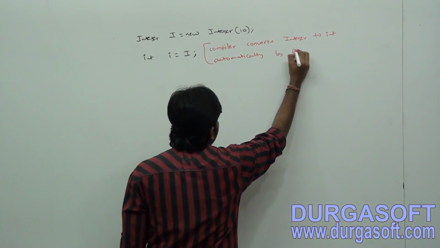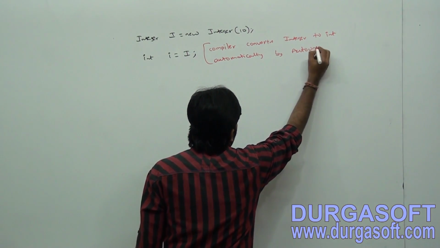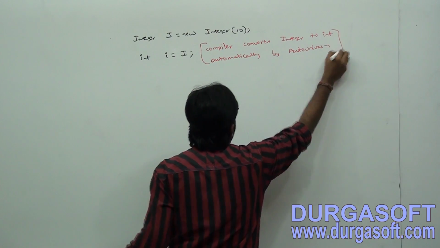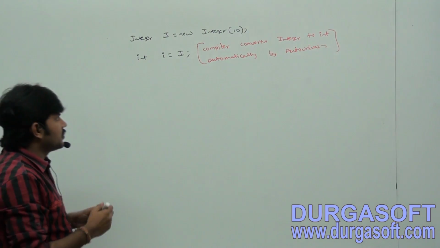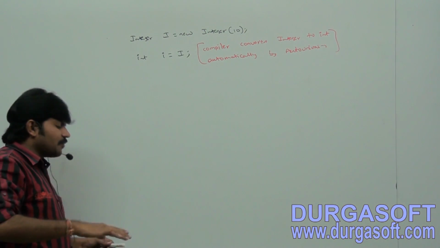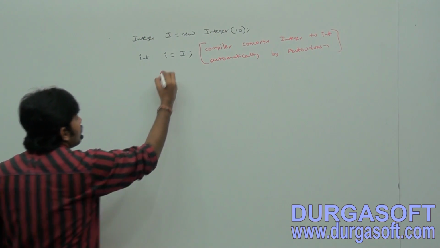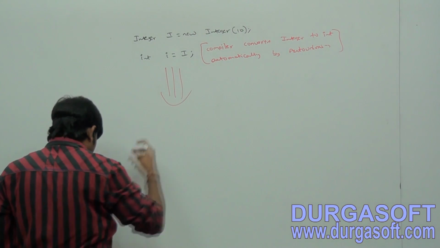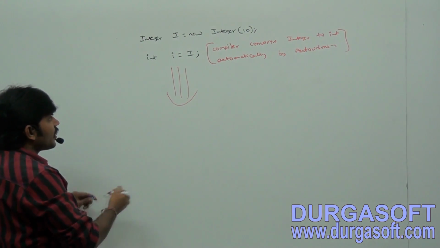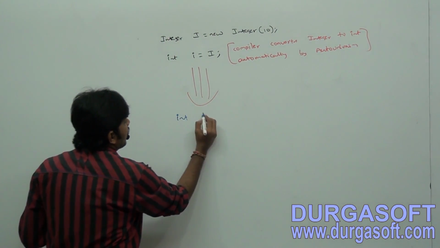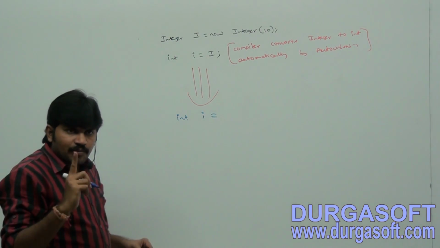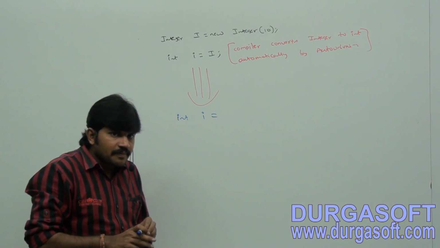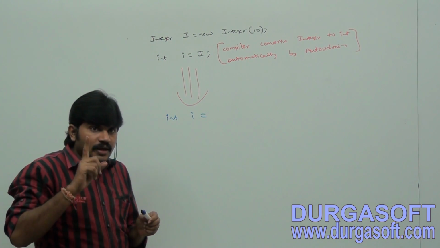Automatically by auto unboxing. Are you getting that? So how is this concept internally implemented? After compilation, this line will become a call to the method that converts a wrapper object to a primitive, the xxx value method.